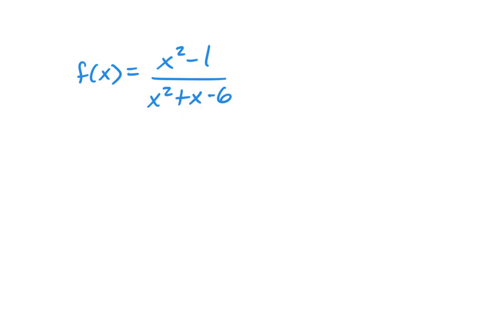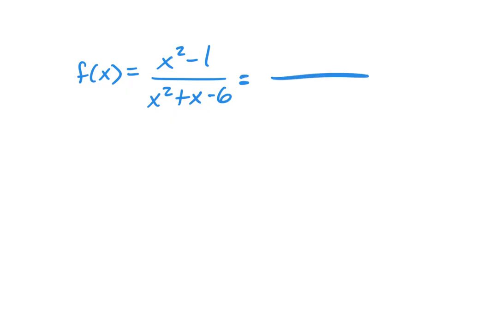A little bit more in depth than the one we did just a second ago. We have an actual polynomial on top and bottom here. Both of them are quadratics. And so what we would want to do in this situation first is we really would rather have it in factored form, because that's going to be easier to determine all the things that we want to determine based off of what we have. And so you don't necessarily want to solve it. Factoring it would be enough, and we will solve it eventually.